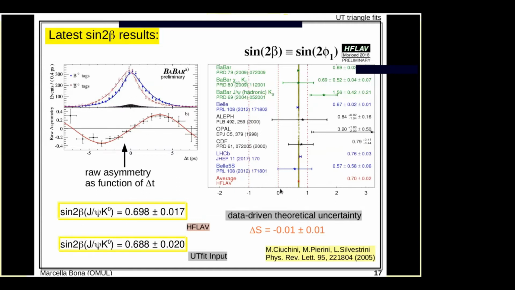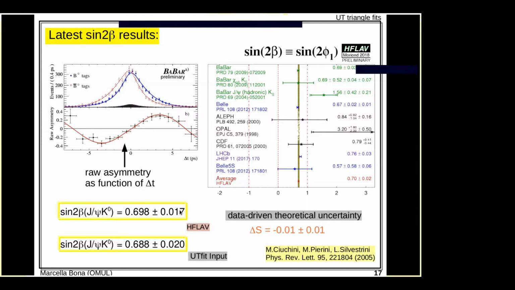Now, for our input, we only use J/psi K0. So this is what you see here. HFLAV uses also other inputs, so what you see here is different from what you see here, because I only use J/psi K0.